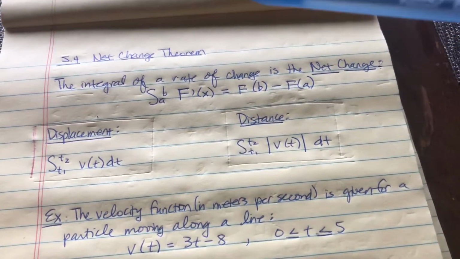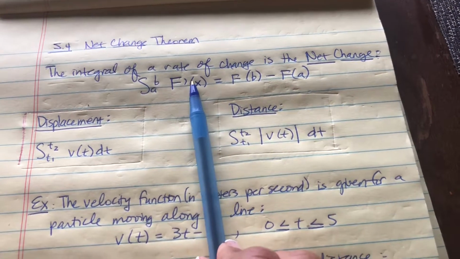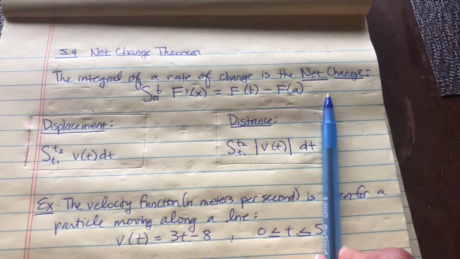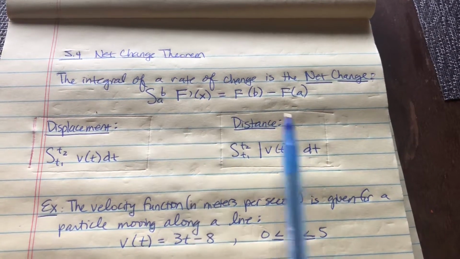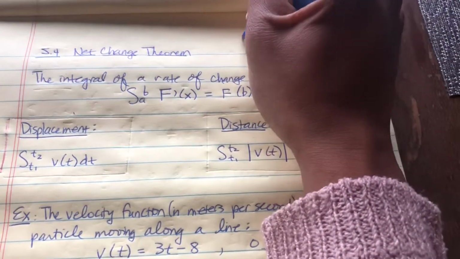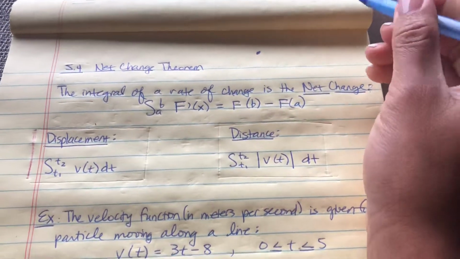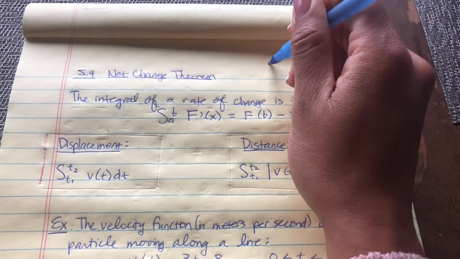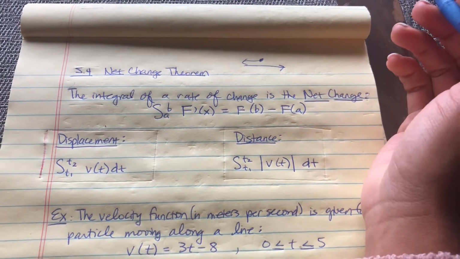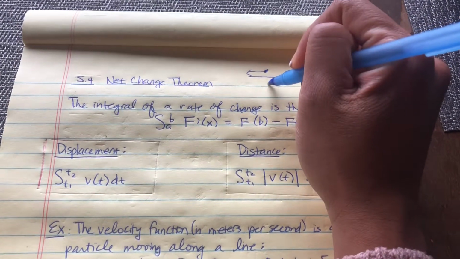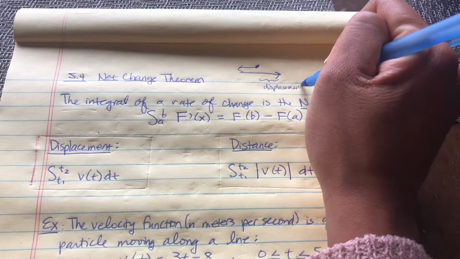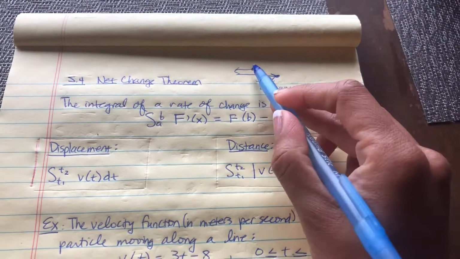So maybe I should just draw a picture. So here's my particle. So say the particle moved here, then it went back, and then it moved here. So what's the displacement? Well, the displacement is just really from here to here. The displacement is where it ended off compared to where it first started.